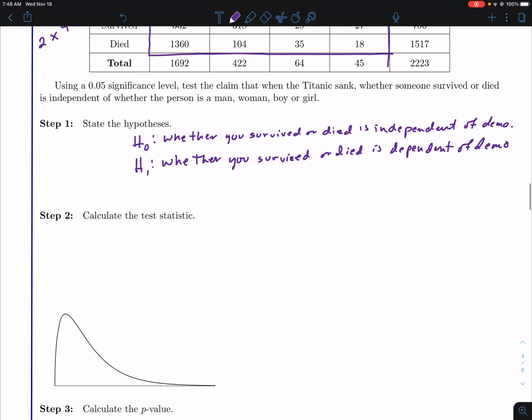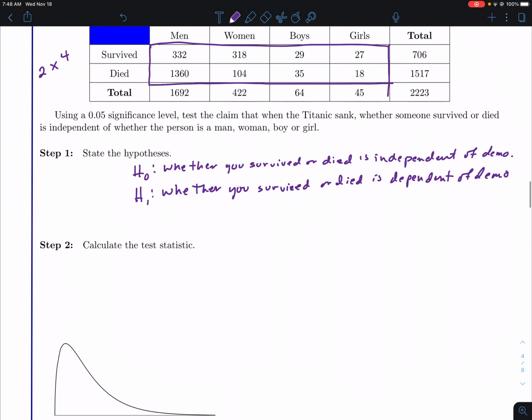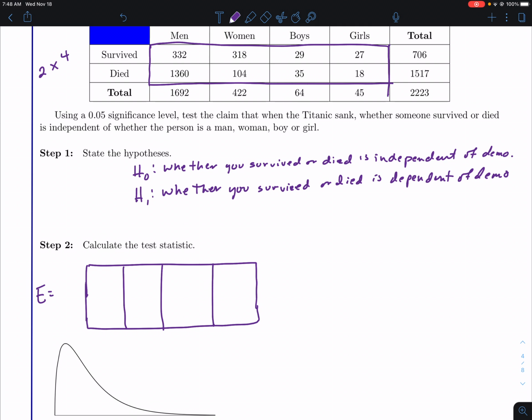And so let's come up with our expected value matrix first here. Again, this will be men, women, boys, girls, survived, died.